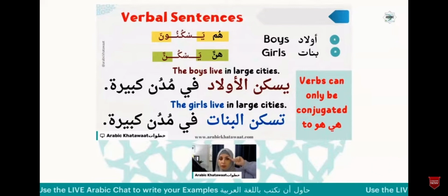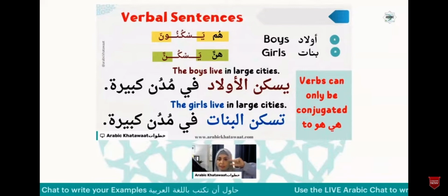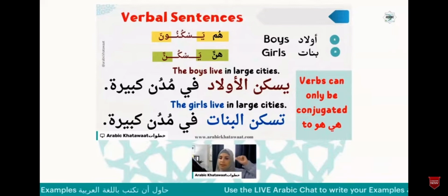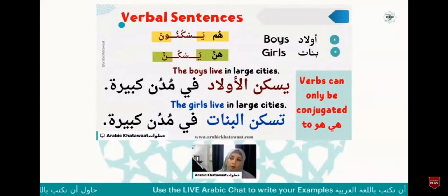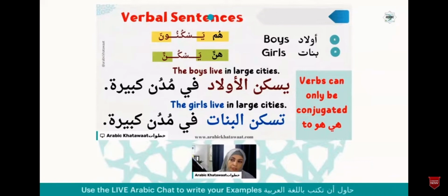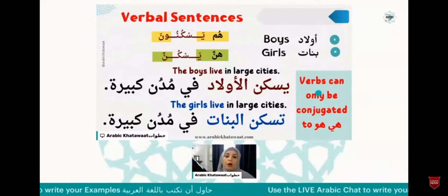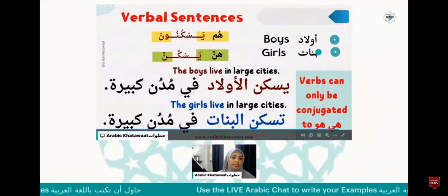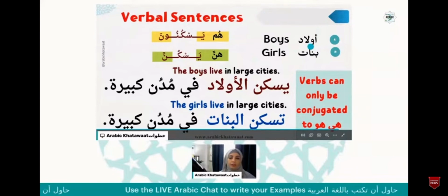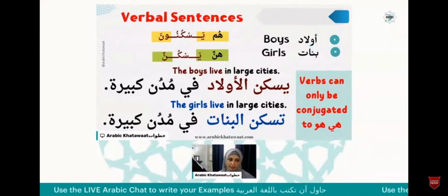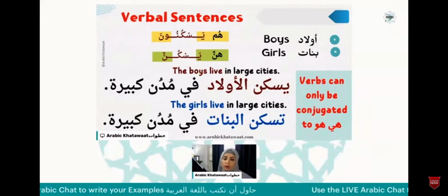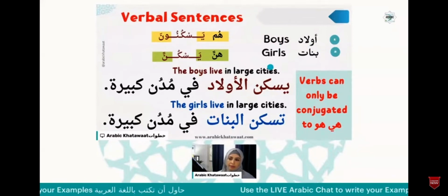Even if I change boss to bosses, شكر, thanked, is not going to change. Which makes my sentence a verbal sentence. But the verbal sentences can only be conjugated to هي and هو. Only to he, referring to the masculine, and هي, referring to the feminine.